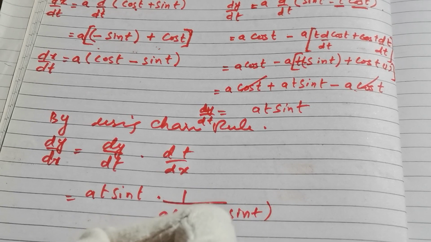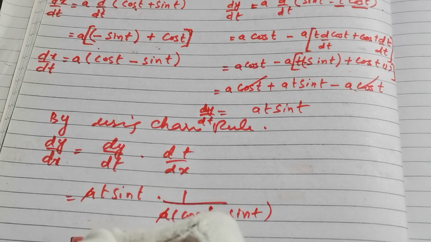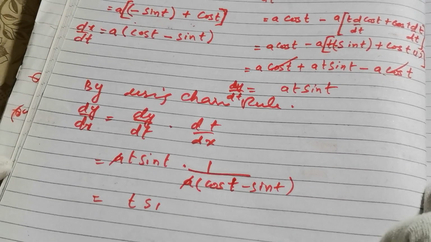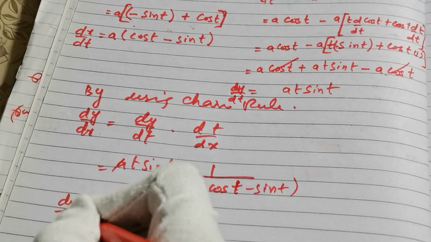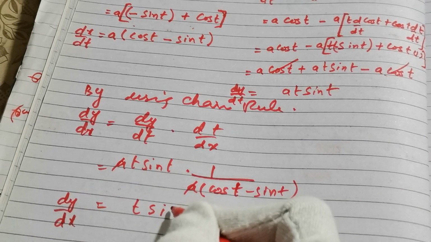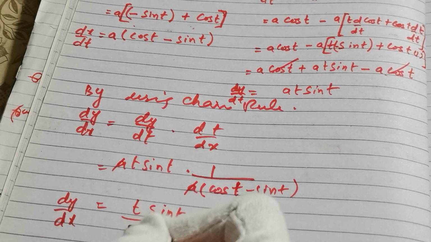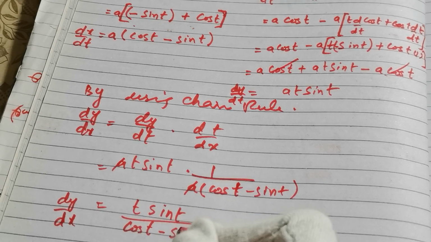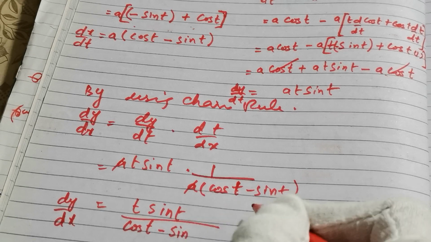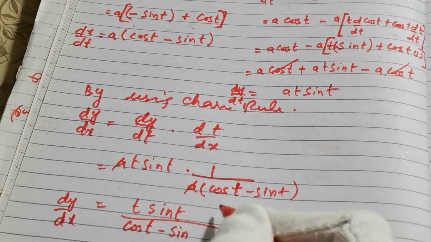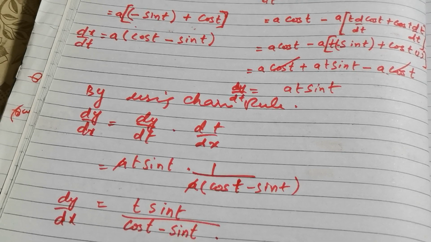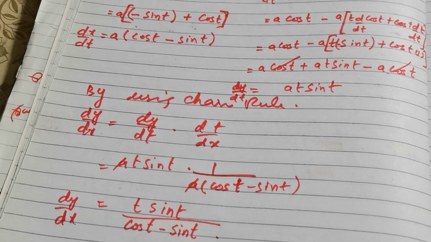So a and a cancel each other, what is left? t. dy by dx is equal to t sin t divided by cos t minus sin t. This is the required solution.